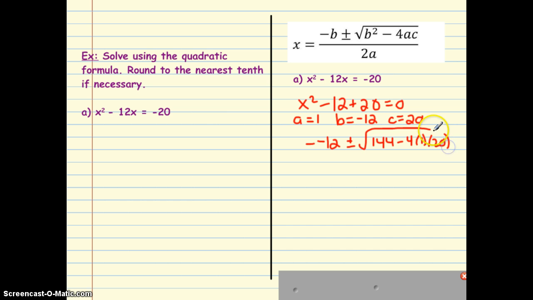And you'll want to make sure that you extend that square root all the way over. All over 4a, oh no, all over 2a, excuse me.